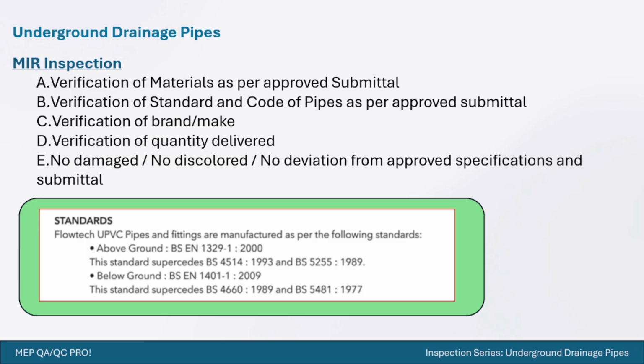The material should be kept in a shaded area, not under the sun. The material alignment is properly kept, there is no sagging, the material is not damaged from any side, everything is perfect.